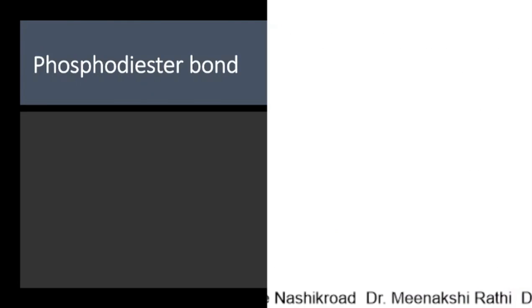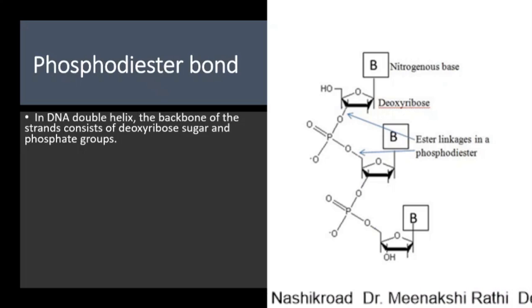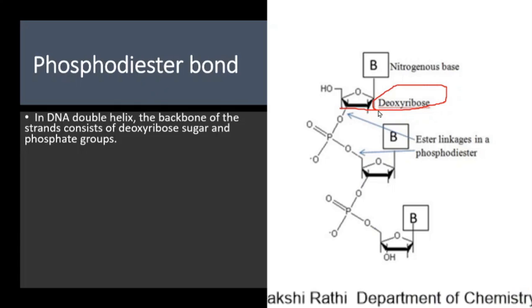Now the next linkage which is present is phosphodiester bond. Now here you can see it is the structure of DNA. In DNA double helix, the backbone of the strand consists of deoxyribose sugar, see here deoxyribose sugar, and phosphate group.